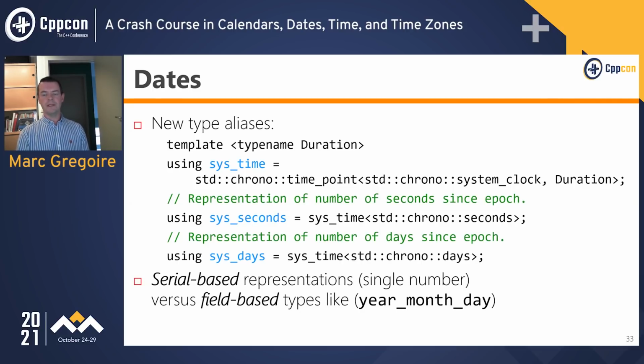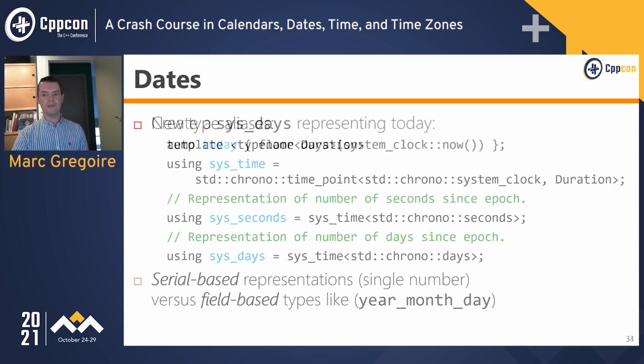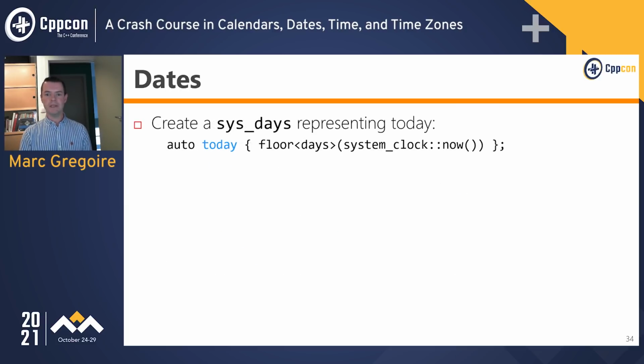So they are represented by a single number, the time since the epoch of the associated clock. On the other hand, you have the field-based types like year, month, day, which we discussed on the previous slides. And when you're doing a lot of arithmetic operations with dates, it's often more performant to use one of these serial-based types instead of the field-based types.